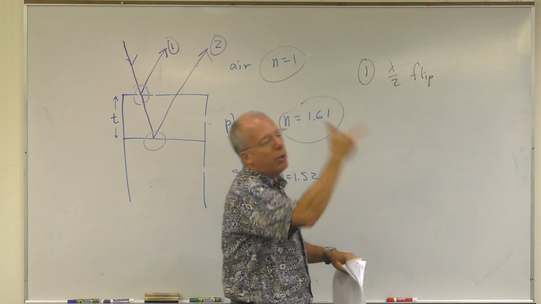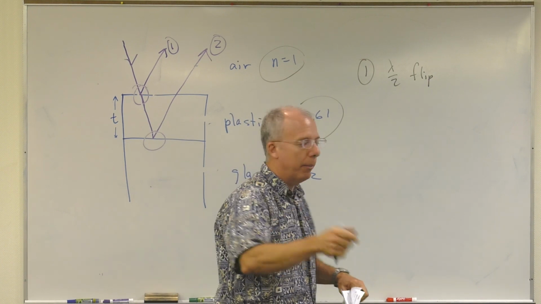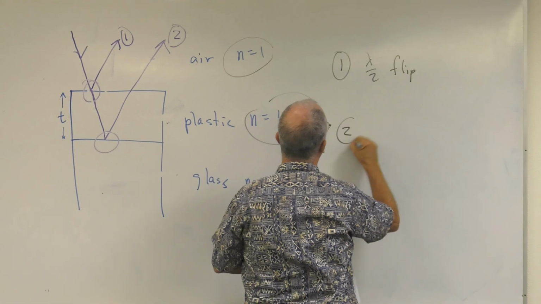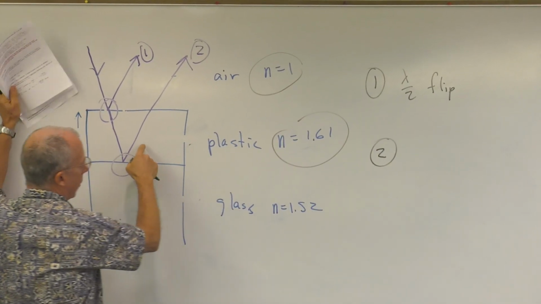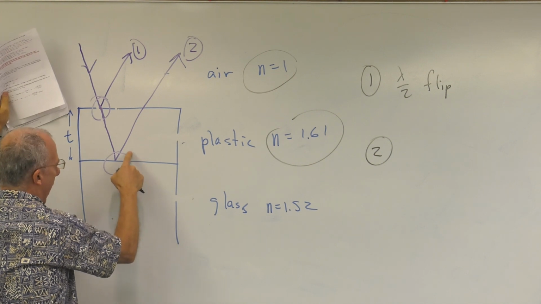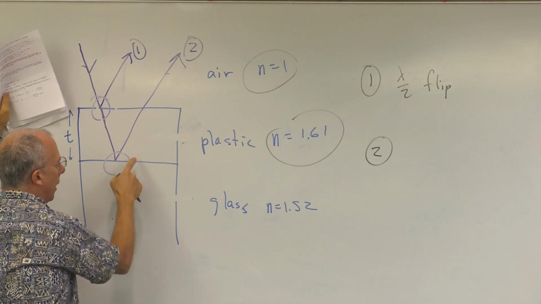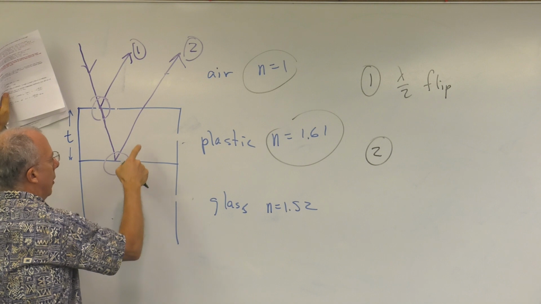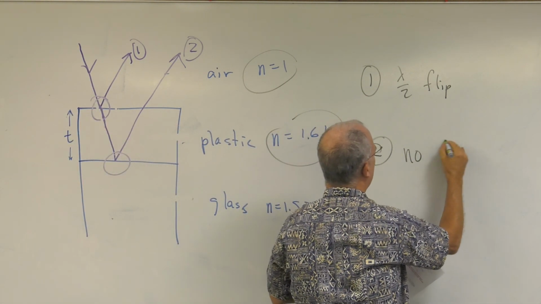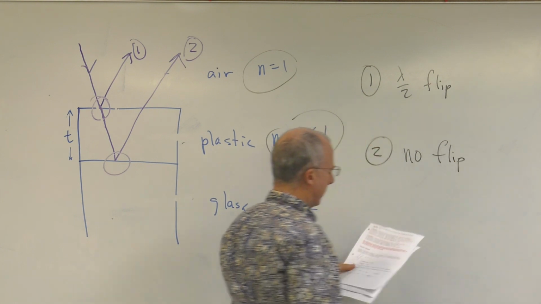So that's inverted, which is equivalent to a lambda over 2 flip. Now how about number 2? What does number 2 do? Number 2 goes from 1.61 to 1.52. This is plastic, n is 1.61. Glass, 1.52. So it goes from large n to small n. So there's no flip.